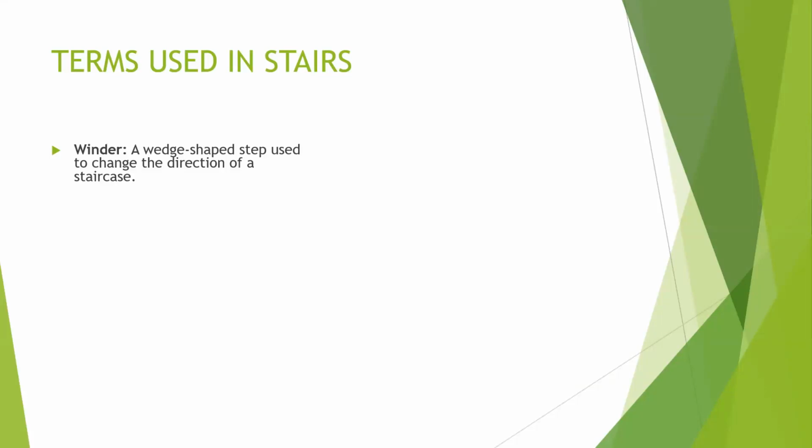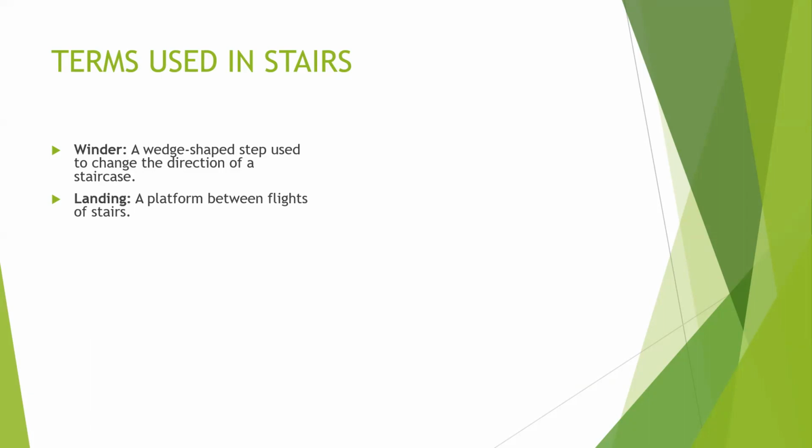The edge is going to be a bit wider, and it's used to change the direction. So that is what is called a winder. I'm going to show you in a picture, okay? So a wedge-shaped step used to change the direction of a staircase. That is what a winder is.